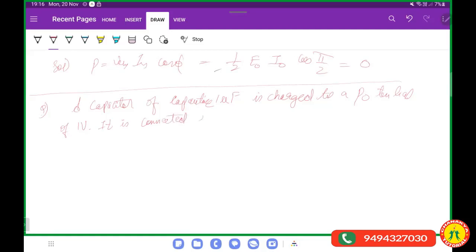It is connected in parallel to an inductor of inductance 10 to the power minus 3 Henry.